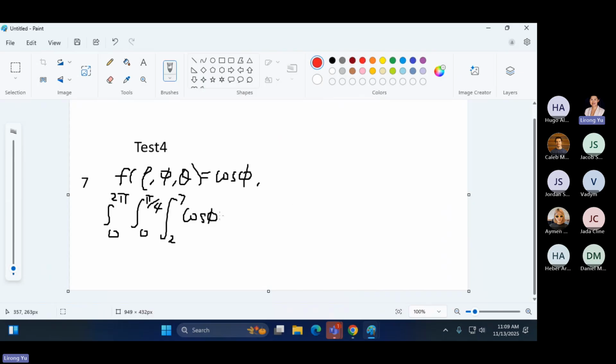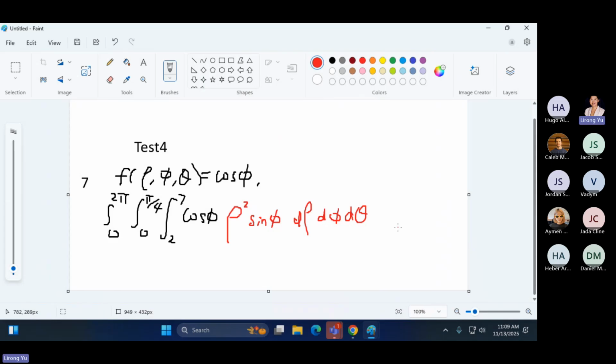So our integration, the dV, is not going to be dV. Since you use spherical coordinates, you have to have the change of variable, rho squared sine phi. No matter which version you are doing in spherical coordinates, you have to have rho squared sine phi, and then d rho d phi d theta. So that would be what we're calculating.